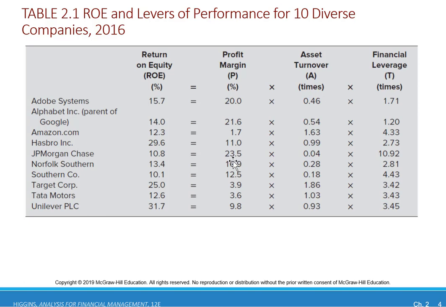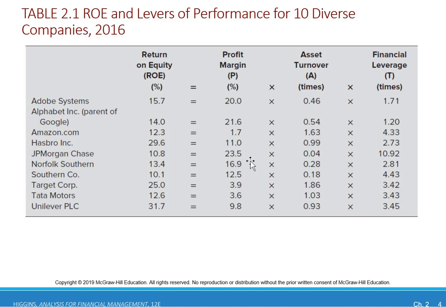JP Morgan's 23.5%, but their asset turnover ratio is almost 0.04. So relatively speaking, they are very inefficient at running their operations. However, they also have a great amount of financial leverage. It's a very high number.